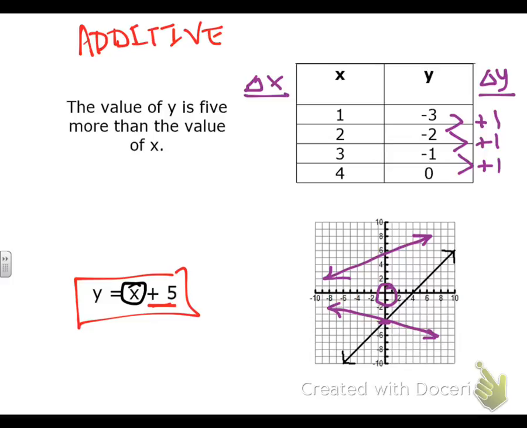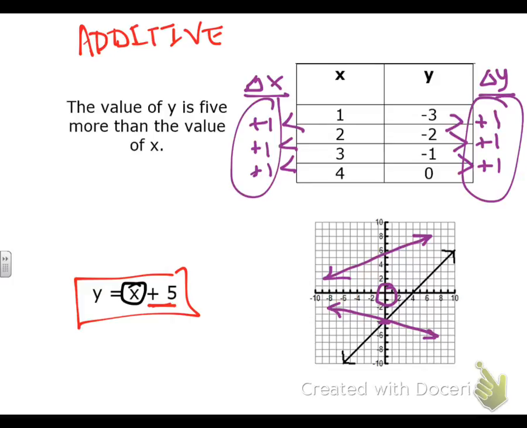If I look at my delta x, or my change in x, 1 to 2, added 1. 2 to 3, added 1, 3 to 4, added 1. So if you notice here, my delta y's and delta x's are the same number. They don't have to be 1, but they have to be the same number all the way through. That's going to recognize that it's an additive relationship.